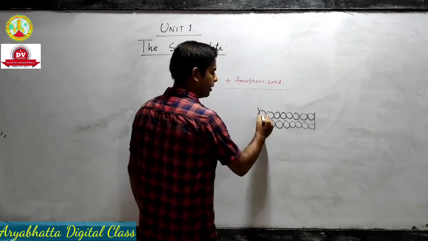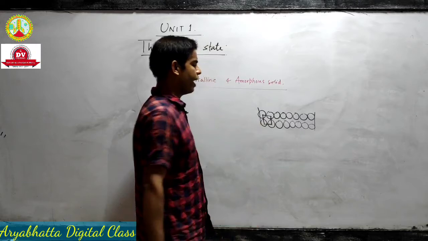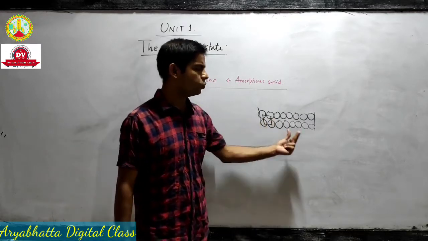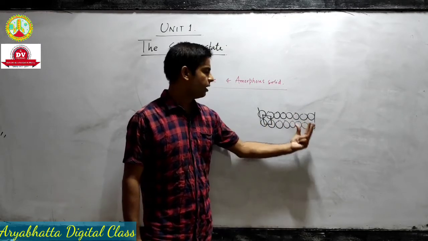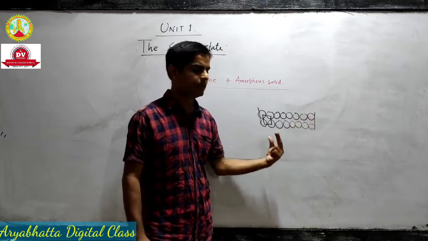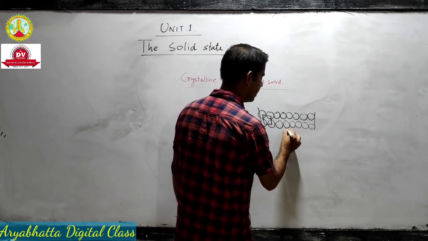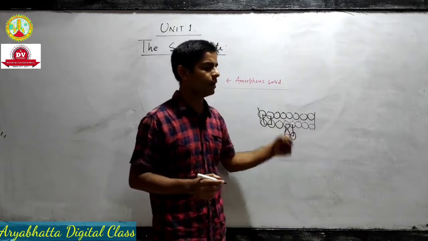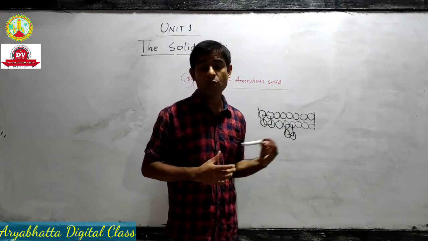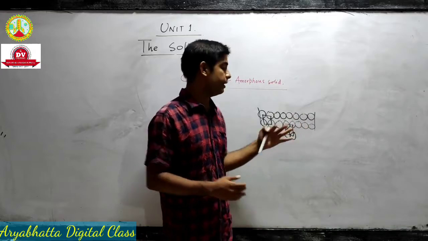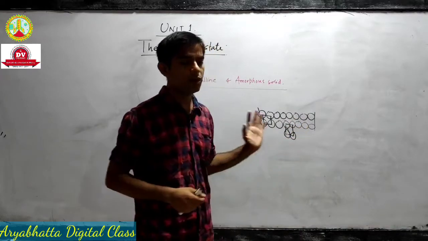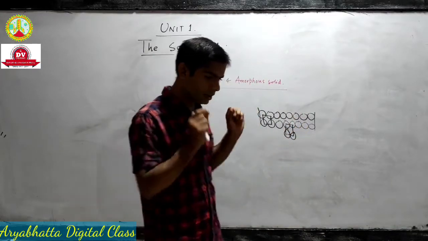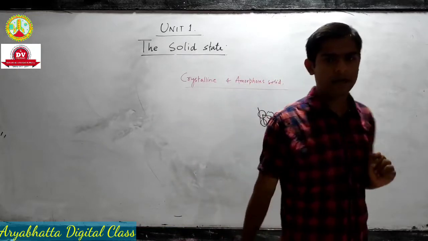If I choose any 4 balls from this arrangement, I will get a square. From anywhere, if I take 4 balls, I will get a square. What does it mean? It means it has a regular shape, a regular geometry. It has been fixed in a particular manner.